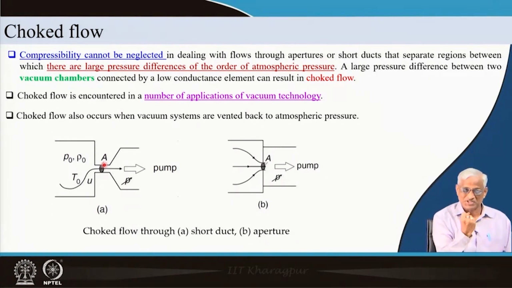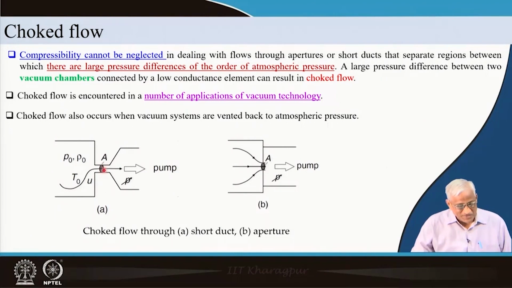A restriction is there. That means some constricted flow is there, choked flow is there. So, if the orifice cross sectional area separates two areas, or if there is a small element with a restricted area, in these two conditions, when the pump is connected here and the source of gas is coming on the other side, we end up in choked flow situations.